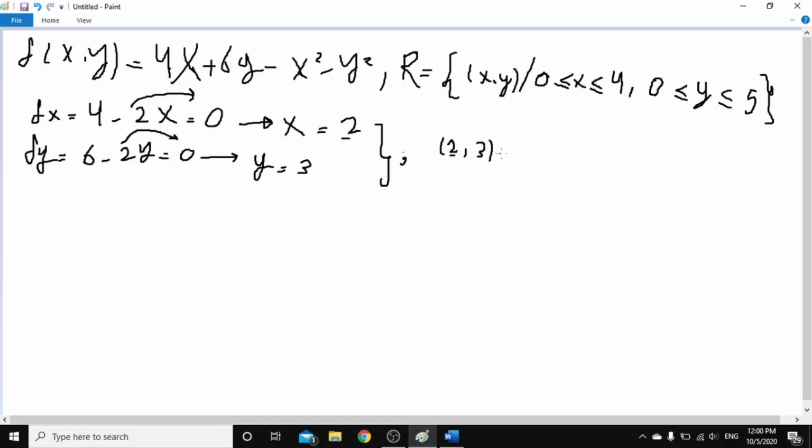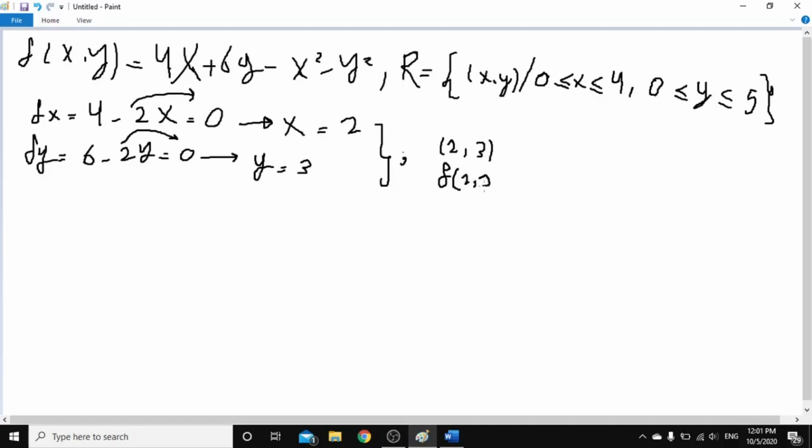And of course, this point must be inside the region R. Notice here that the 2 is between 0 and 4, and the 3 is also between 0 and 5. Okay? So we need to find the value at this point.